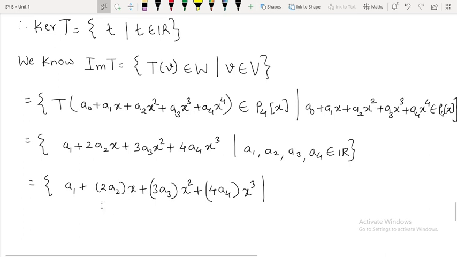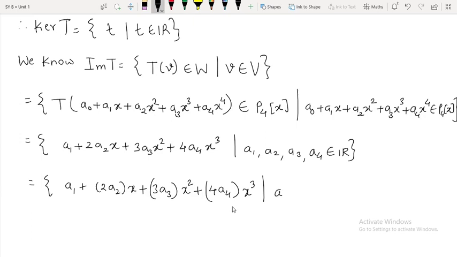Okay, so even if you use some different notations here, it is fine. In the sense you can call it as some a1 plus some t1x plus t2x square plus t3x cube, such that a1, t1, t2, t3 belong to R. Even if you do that it is fine, or this is also fine.